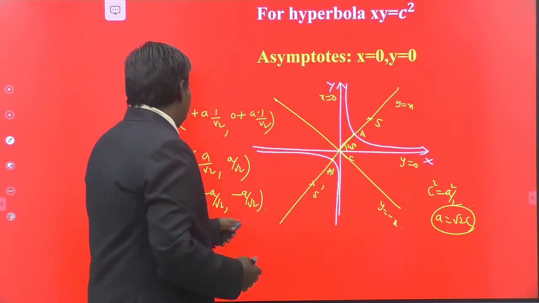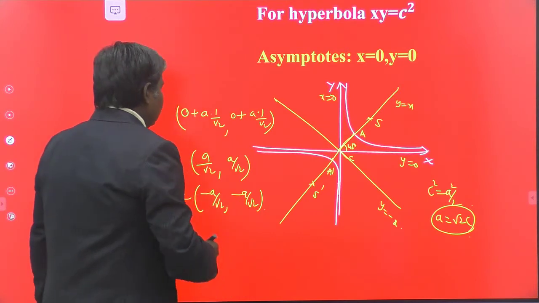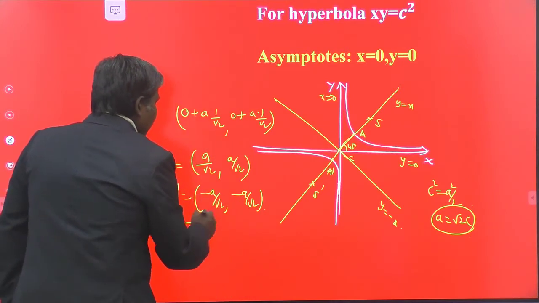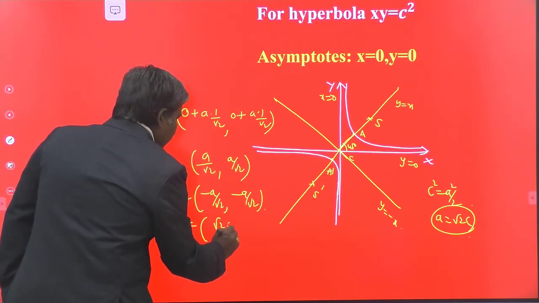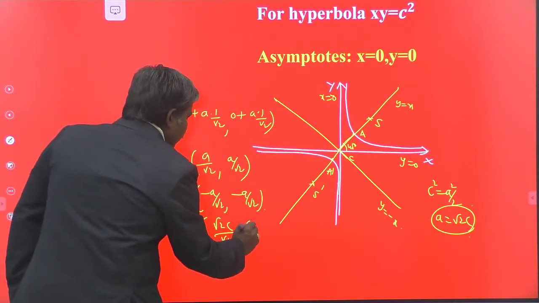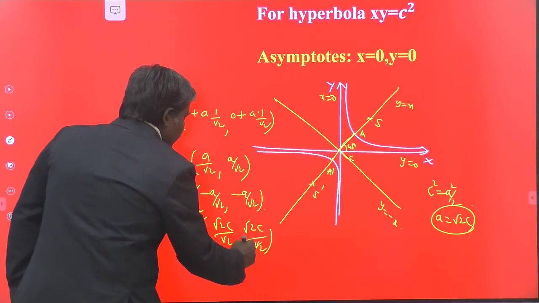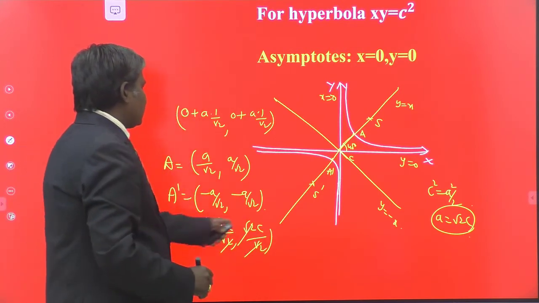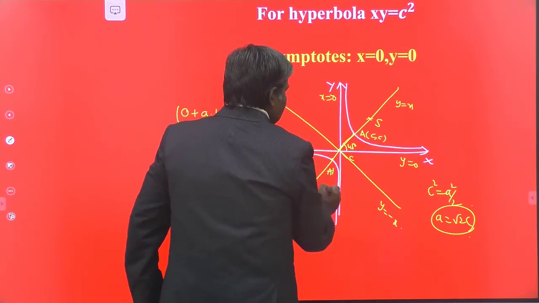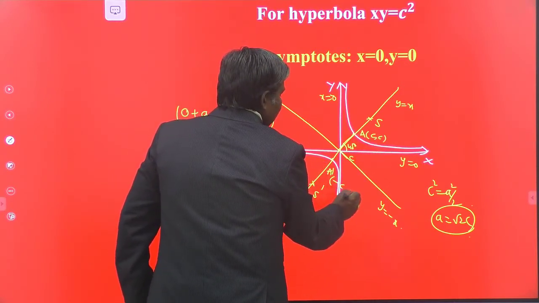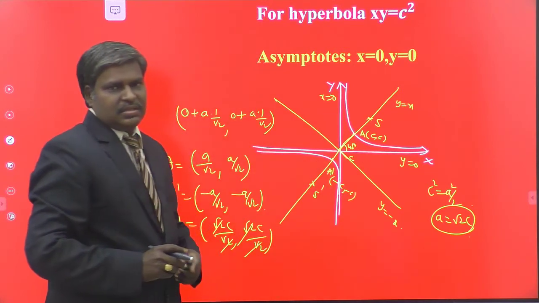Therefore, you just substitute the value of a as √2c here. Your A becomes (√2c/√2, √2c/√2). The √2 cancels. So the coordinates of the vertices are (c, c) and (−c, −c). These are the vertices.